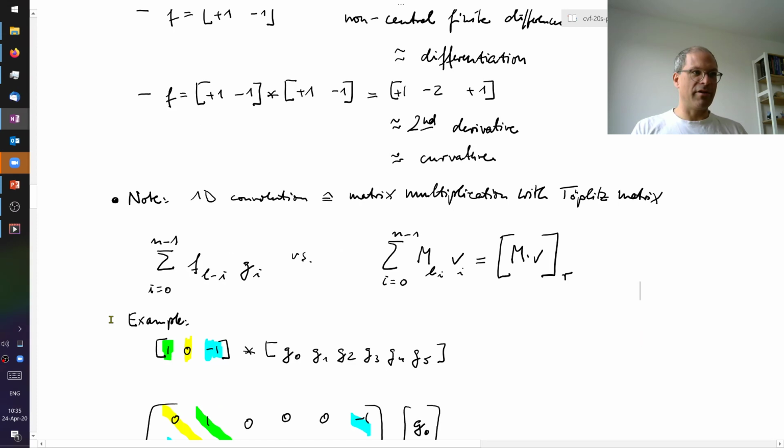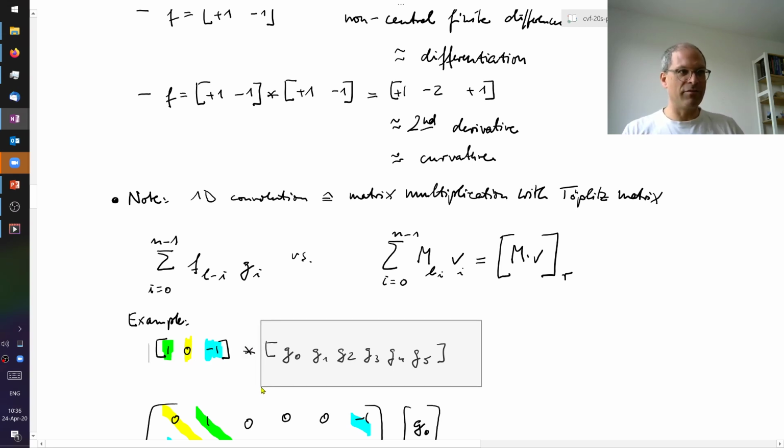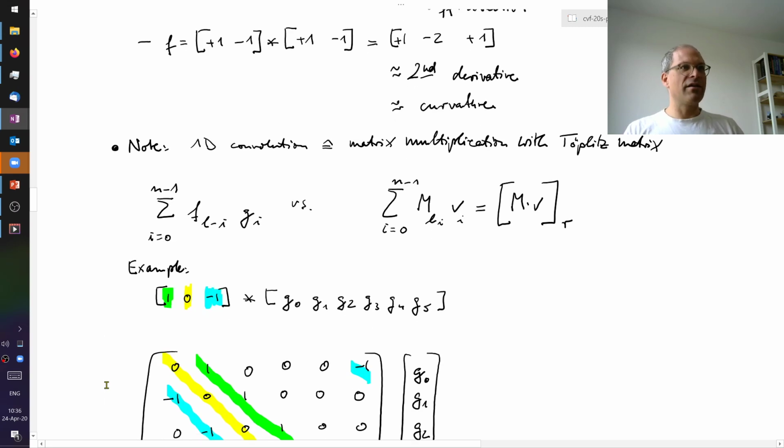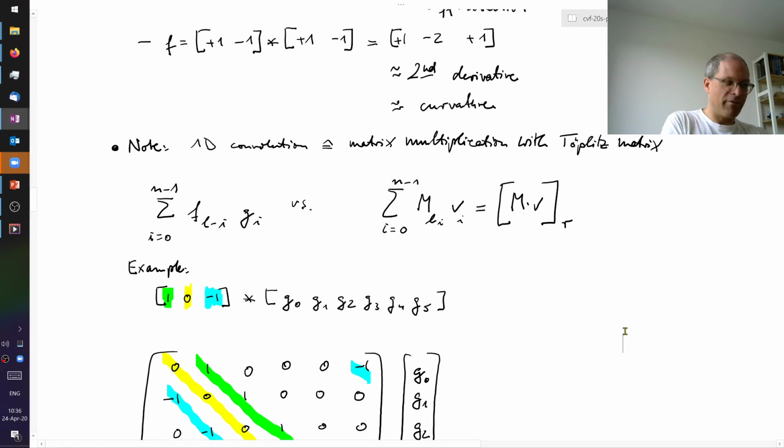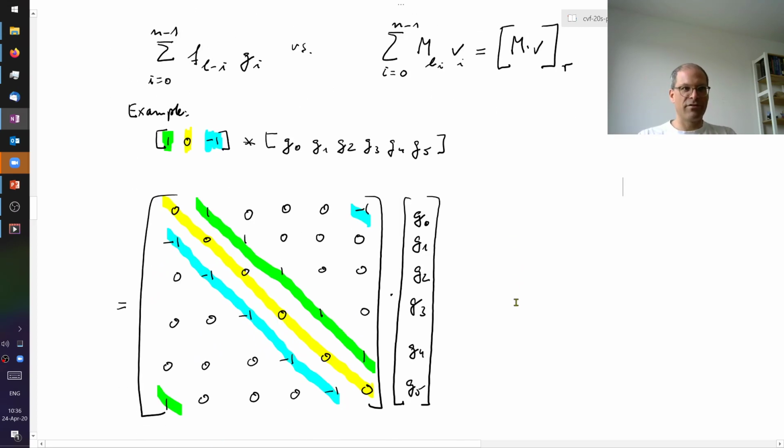So, for example, if I want to convolve here my central finite differences filter with coefficients of +1, 0, and -1, with this signal, I've just called it here G0 through G5 to be general, then if you compare the equation for convolution with the equation for matrix vector multiplication, so M would be some matrix, V is some vector, then you see that they are basically the same, except that I have some special structure in my matrix, namely Toeplitz structure.